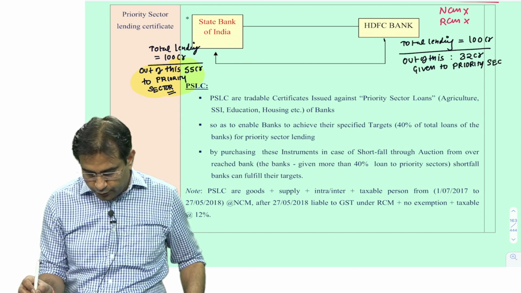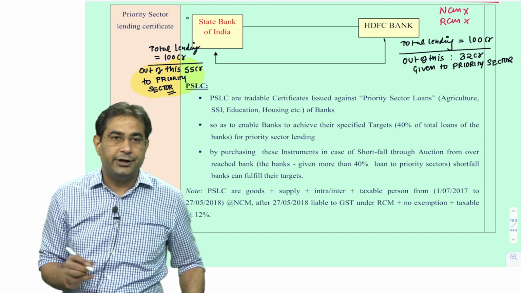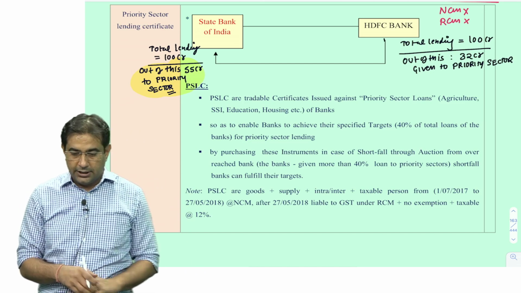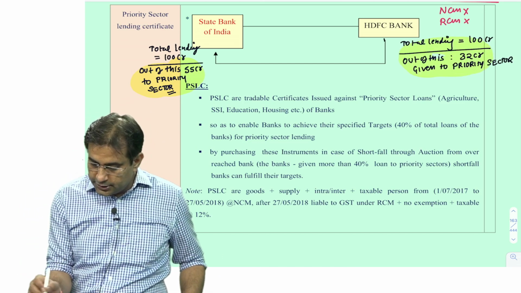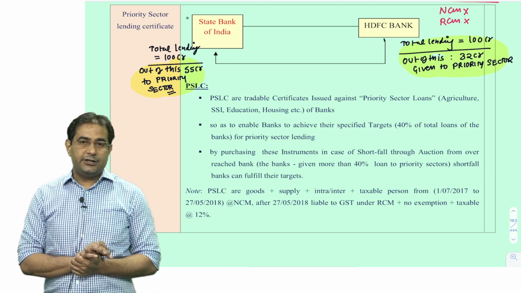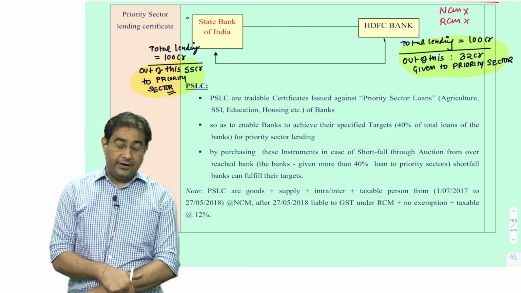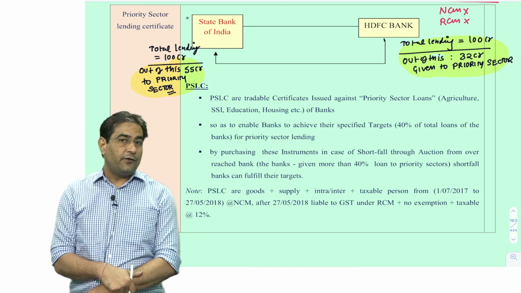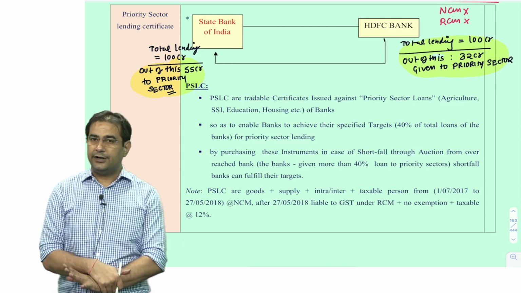Only 32 crore given to priority sector. Is it okay? Yes, sir. No issue at all. Now, HDFC would face huge penalty from the Reserve Bank of India.